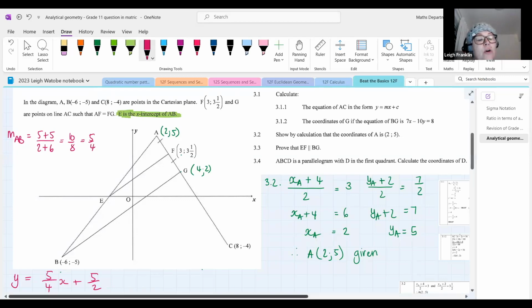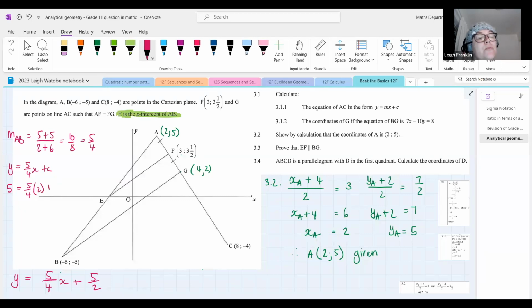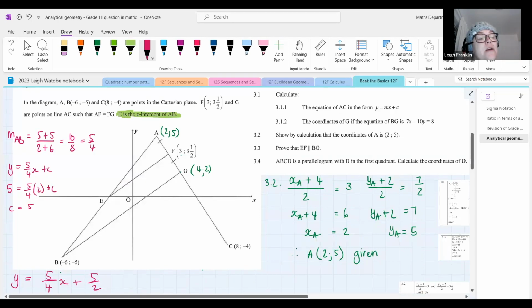Then we sub into y equals mx plus c, so 5 over 4x plus c. The easiest point to sub in is A, so 5 equals 5 over 4 times 2 plus c. When you work out the value of c, you get 5 over 2. That's where it comes from.